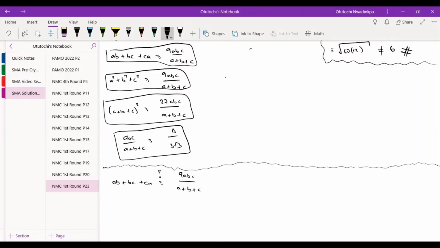Now this is true if and only if AB plus BC plus CA times A plus B plus C is greater than or equal to 9ABC.